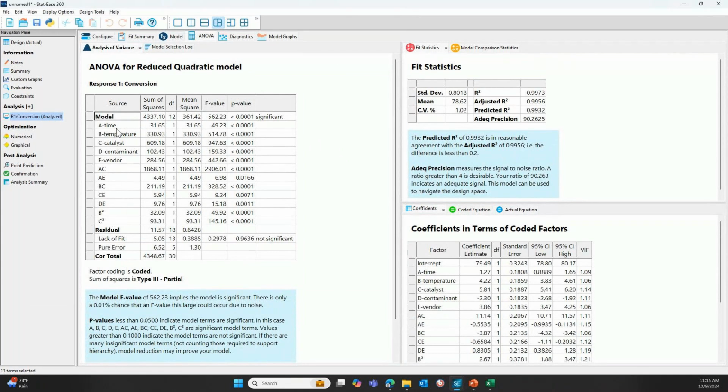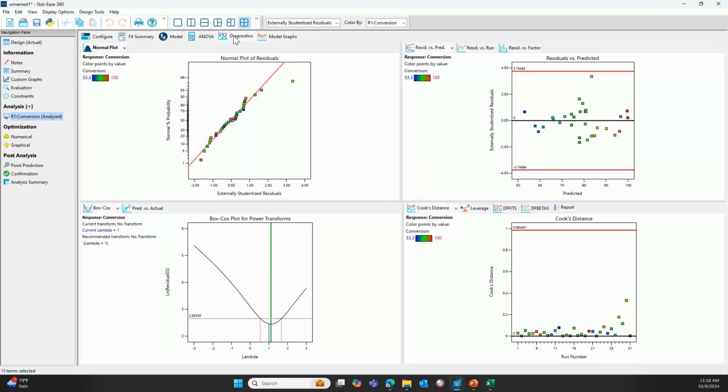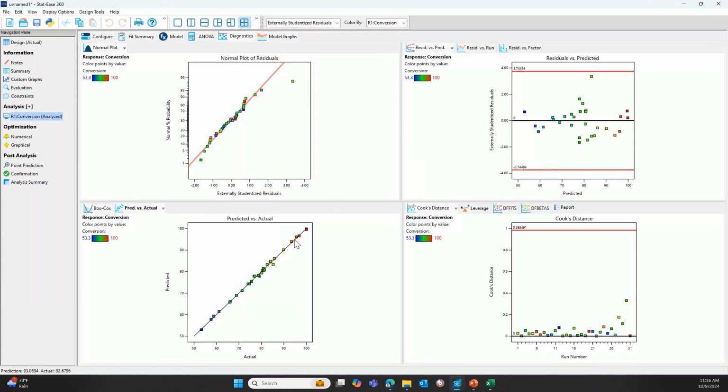Okay, so you can see there's some complex behavior here. My main effects are all significant. I have some two-factor interactions. I have some quadratic behavior taking place as well. Very good fit statistics. We can take a look at the diagnostics as we always do, and those look suitable as well. I mean, it's a very good fit in part due to the fact that it's a created design for training purposes.